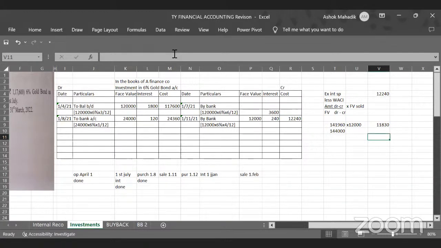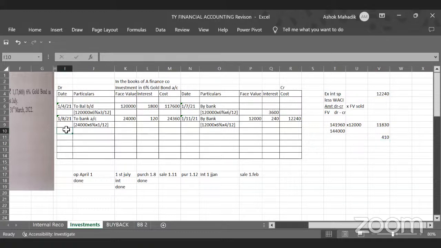So my cost is 11,830. My selling price is higher than my cost price, so I have made a profit. Then calculate profit: 12,240 minus 11,830. So profit is 410. It will appear on the debit side. If there is a loss, it will be on the credit side.